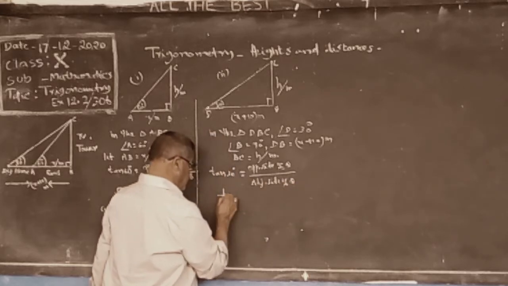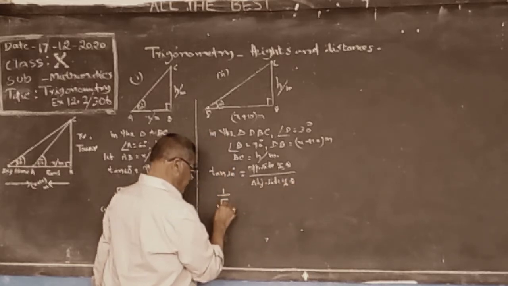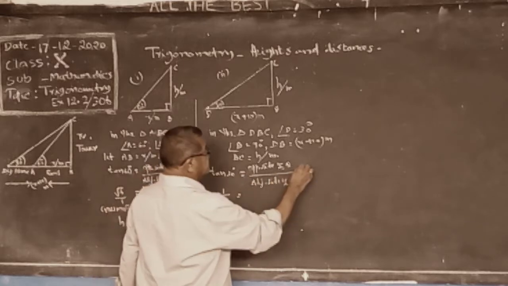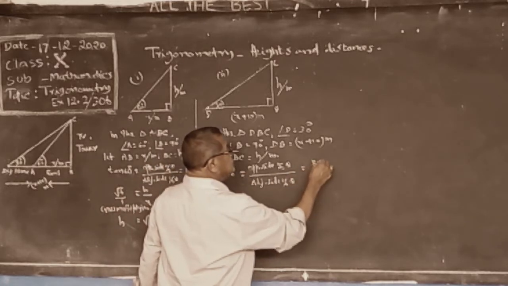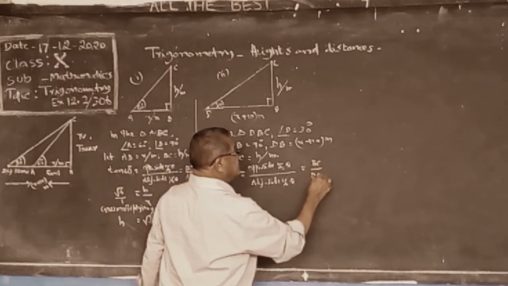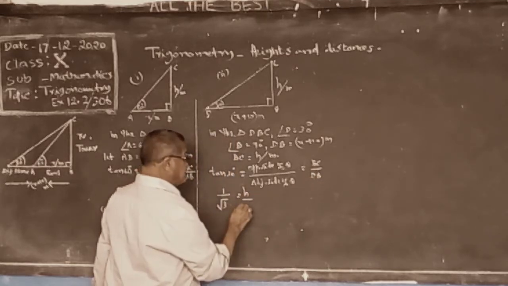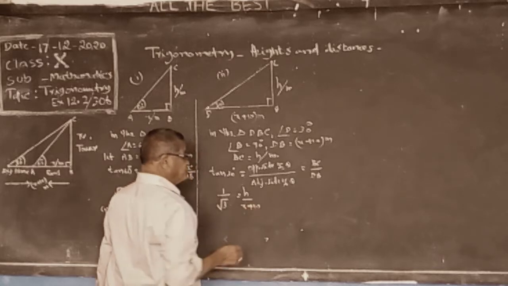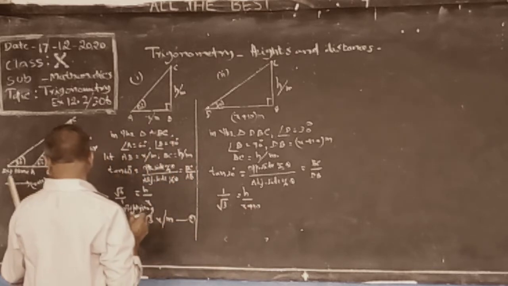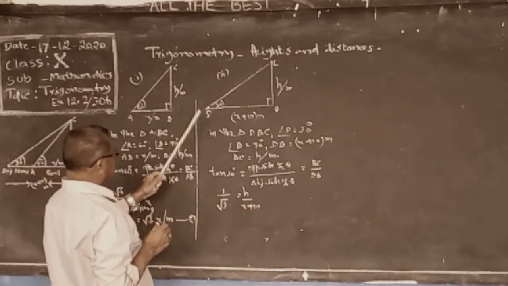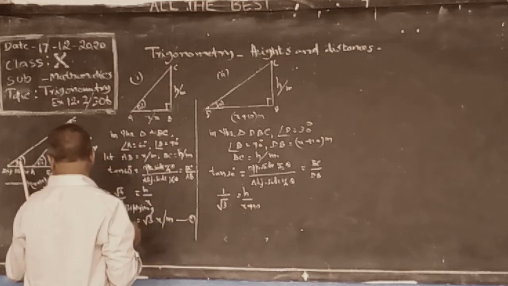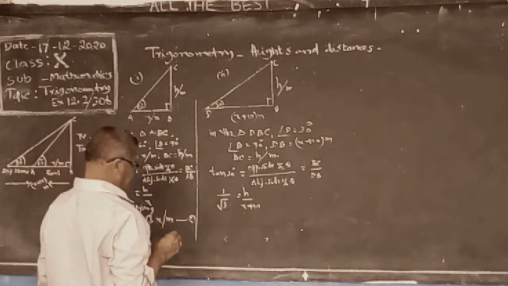Tan 30 from the table is 1 by root 3, which is opposite side BC over adjacent side DB. BC we have taken as h, and DB is x plus 10. This is x, this is 10, so x plus 10.